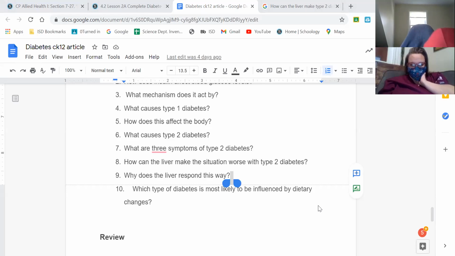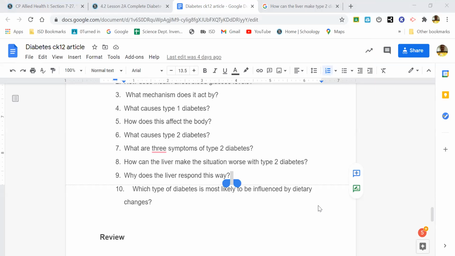All right, cool. So for number 8, the liver makes the situation worse because it leaves too much glucose in the blood. And 9, why does the liver respond this way?